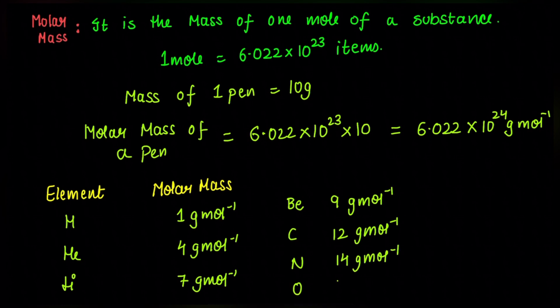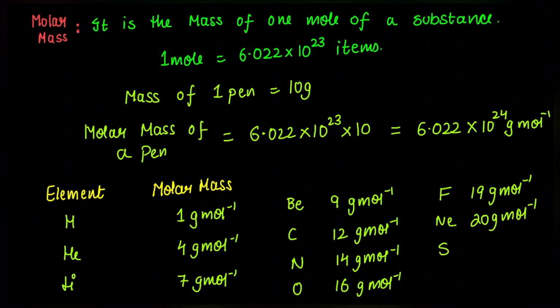For oxygen, it is 16. For fluorine, it is 19 grams per mole. For neon, it is 20 grams per mole. For sulfur, it is 32 grams per mole. For phosphorus, it is 31 grams per mole.